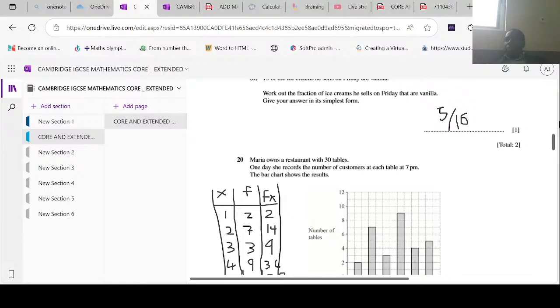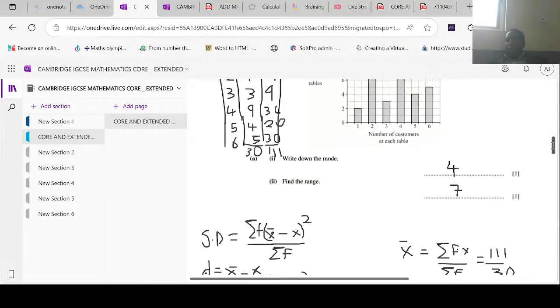Did we do range for the other one? The range is 7. But the range for 7 p.m. is smaller than the range for 1 p.m. So that will be your second comment. So can you tell us what the second comment means based on this context.